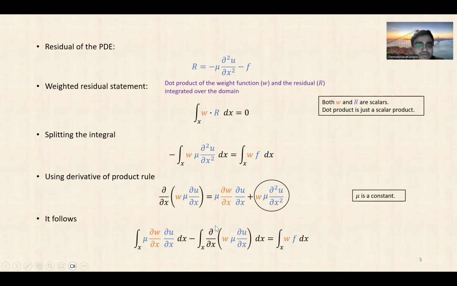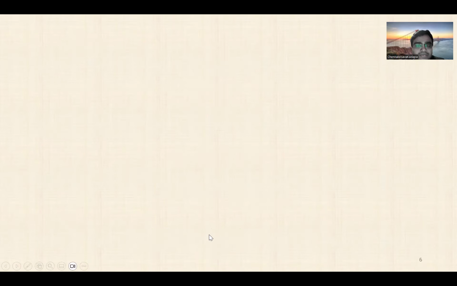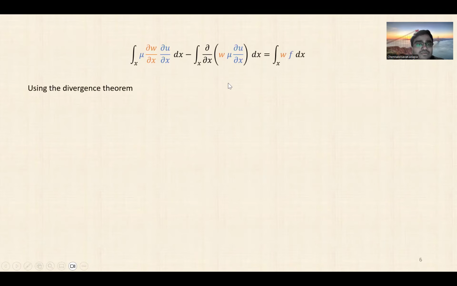Okay, now next what we do, we make use of the divergence theorem to apply the boundary conditions. We know the divergence theorem. Okay, so according to the divergence theorem, the volume integral of the divergence of a vector field is equal to the surface integral of the vector field and its dot product with the outward pointing normal.